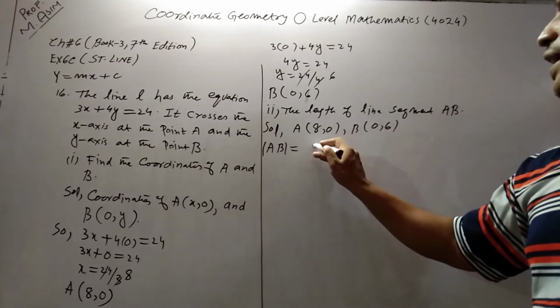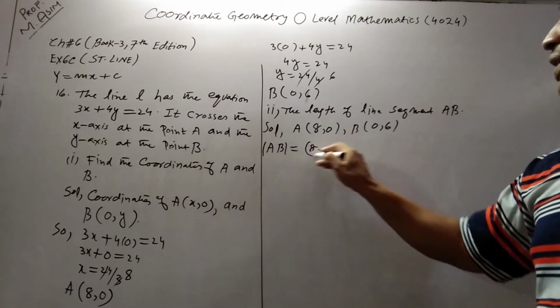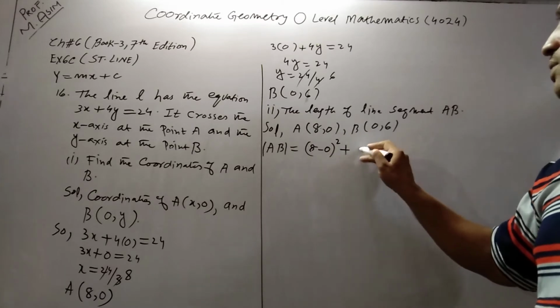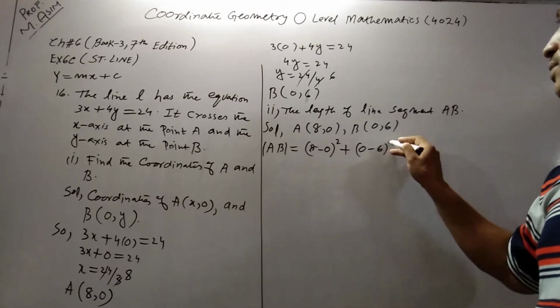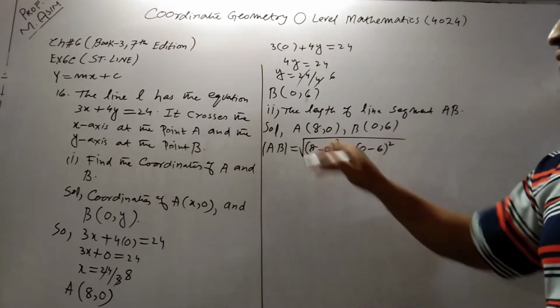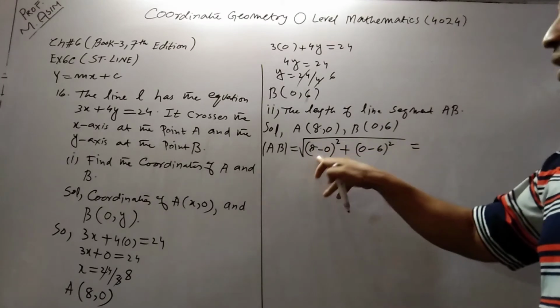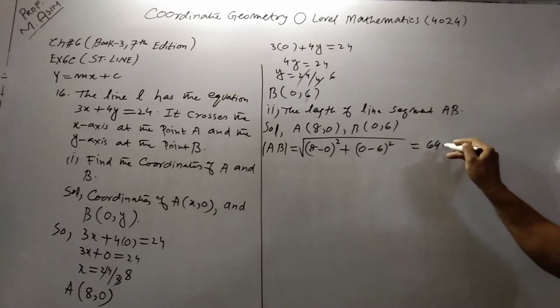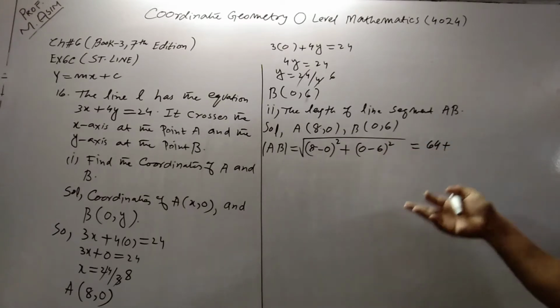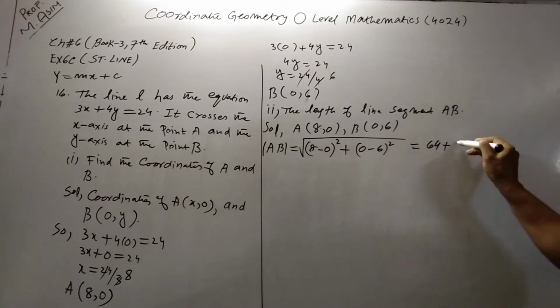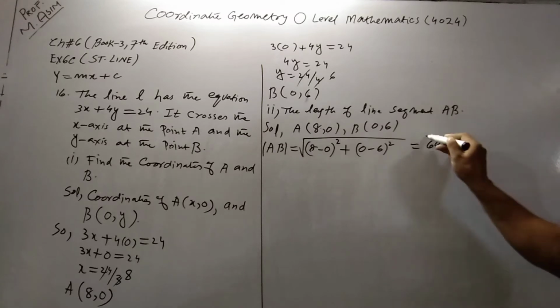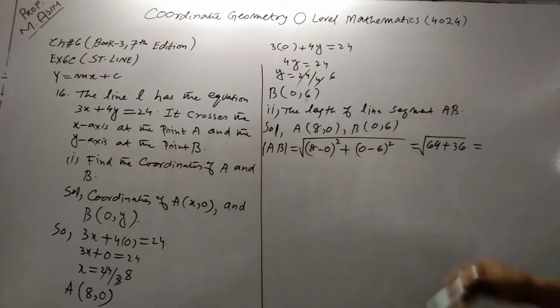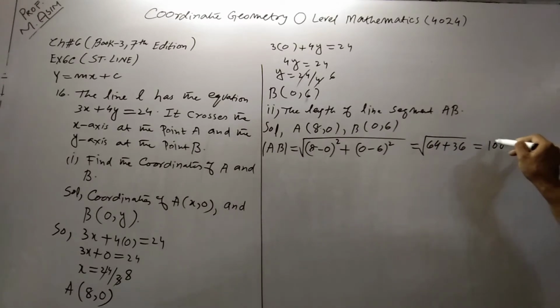So 8 minus 0 square plus 0 minus 6 square, under root. 8 minus 0 is 8. 8 square is 64. 0 minus 6 is minus 6. Minus 6 square is plus 36. 64 plus 36 is 100. Square root of 100 is 10 unit.